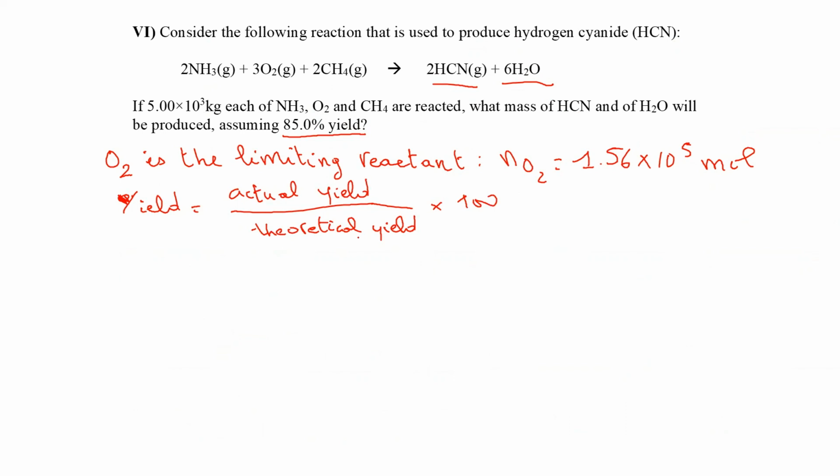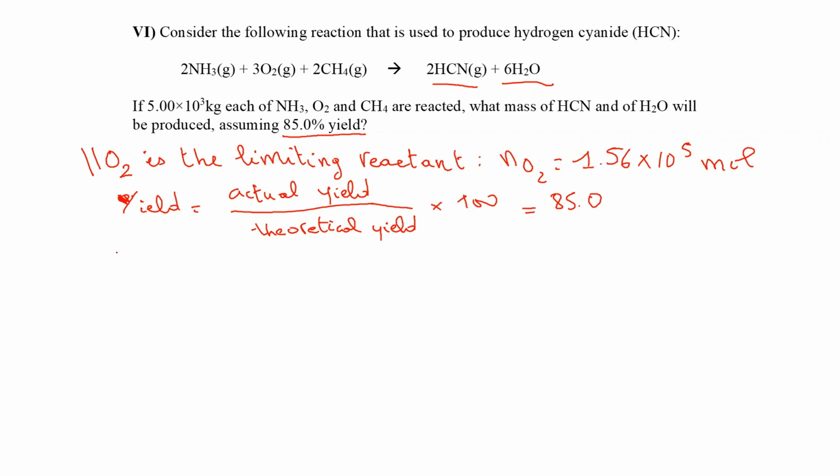So how are you going to get the theoretical yield? Yes, we're going to use oxygen, that is our limiting reactant, and the balanced reaction to determine the theoretical yield for hydrogen cyanide and water. And knowing that the yield of the reaction is 85.0, we can determine the actual yield, the actual mass that is produced. So let's do that.